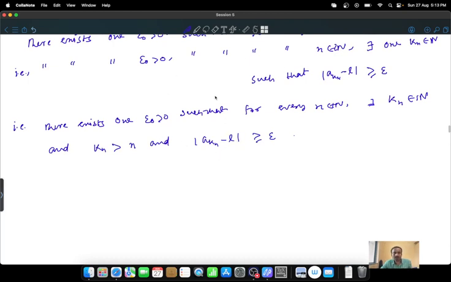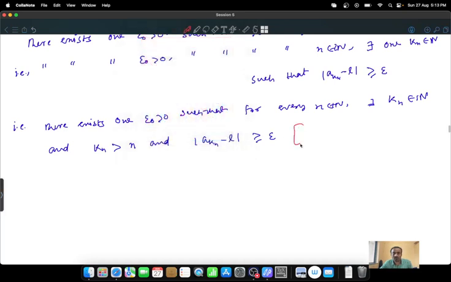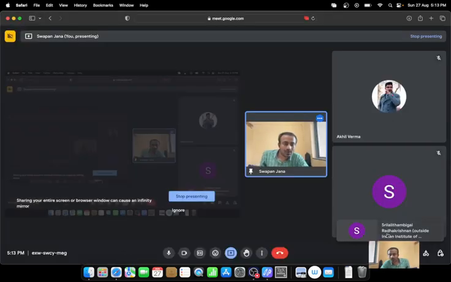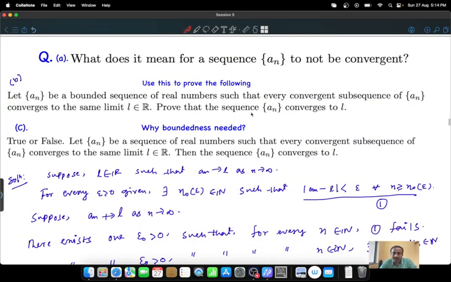There everything has to be changed in terms of the given metric, not modulus. So you can try the same in a general matrix space also. Okay, so no problem. So far so good.